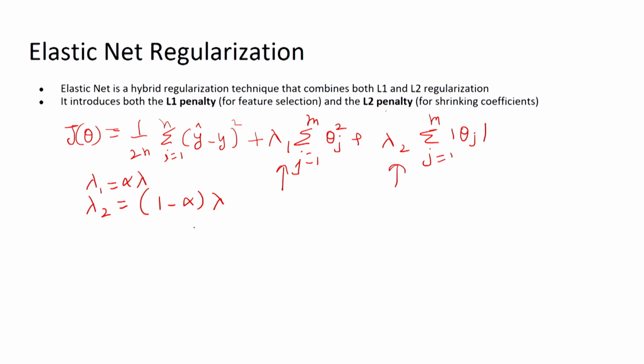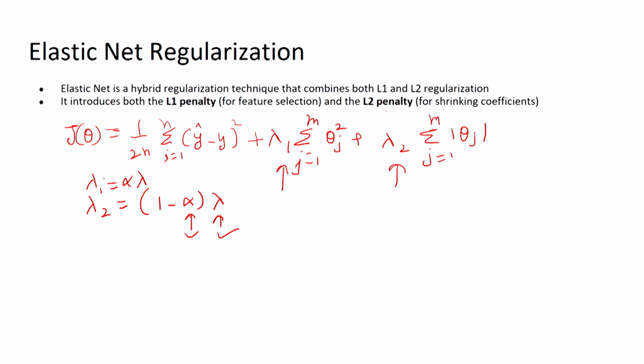So in case of an elastic net, alpha and lambda are two hyperparameters, and the value of alpha will decide the strength of L1 and L2, basically the trade off between L1 and L2.